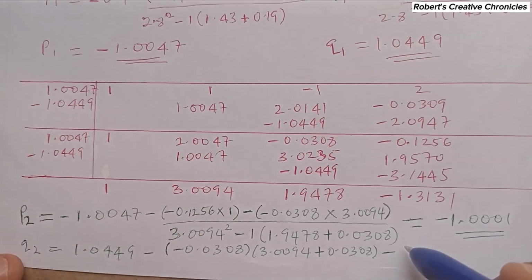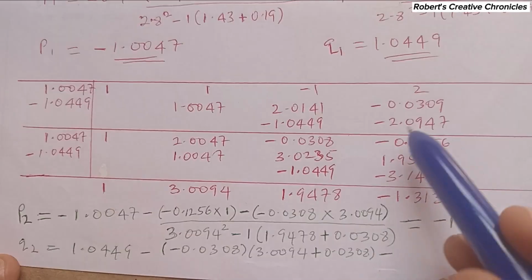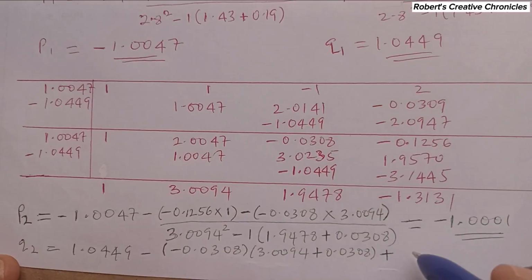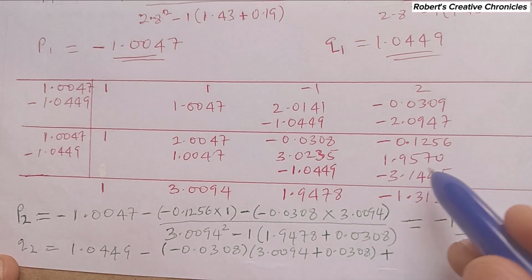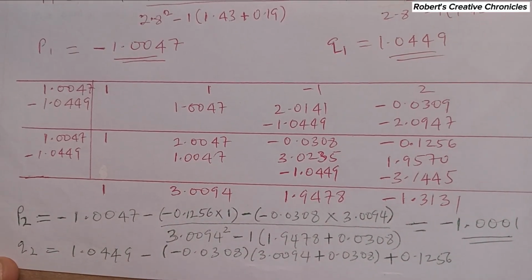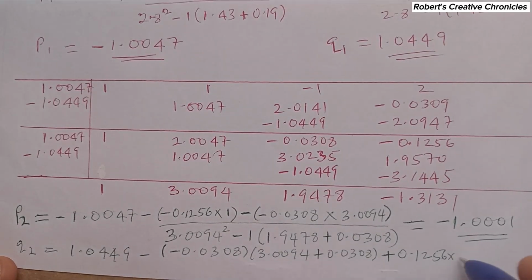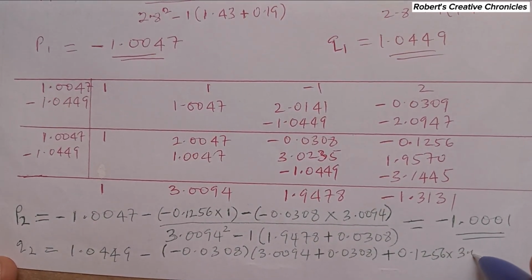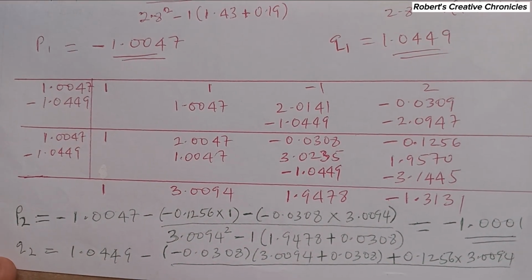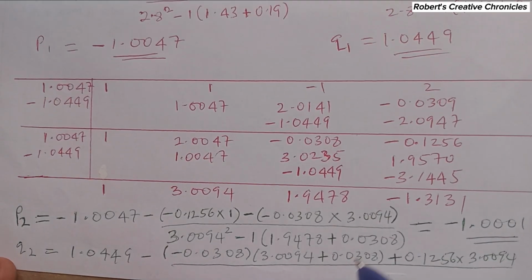What's B3? B0, B1, B2. This is B3. So it will be plus 0.1256, then C1 times 3.0094 divided by this.